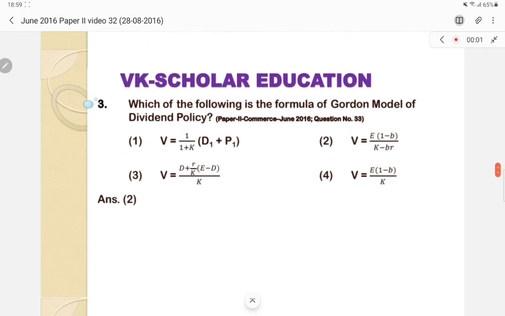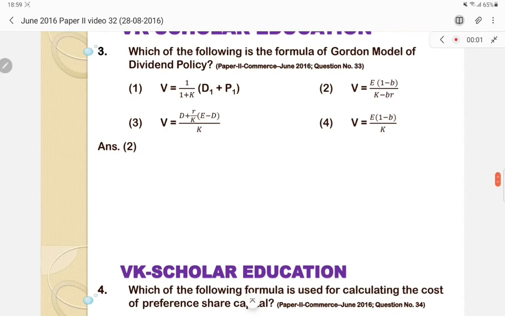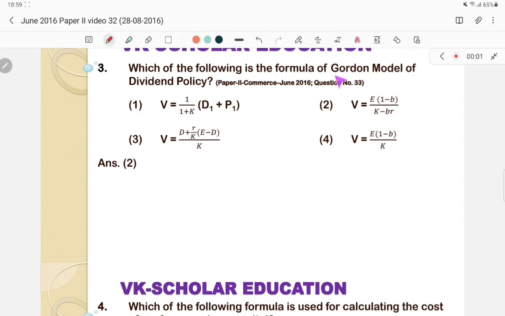Third question is, which of the following is the formula of Gordon model of dividend policy. So, this Gordon model is also known as bird in hand argument. Okay. So, we call it bird in hand argument. What is bird in hand argument? As per this argument, dividend policy is relevant to the investors, and investors prefer current dividend as against future uncertain capital gains.